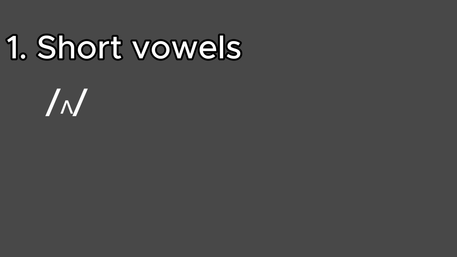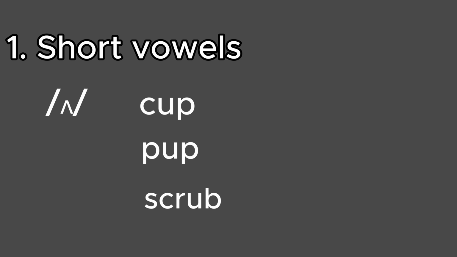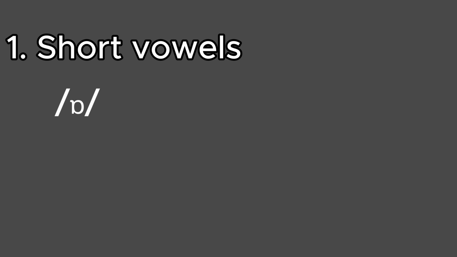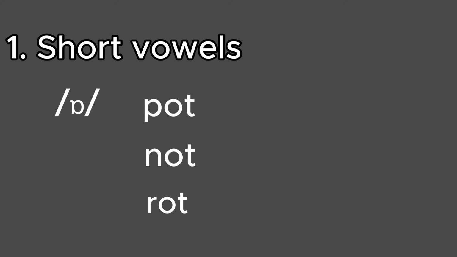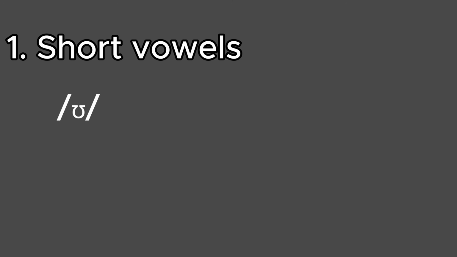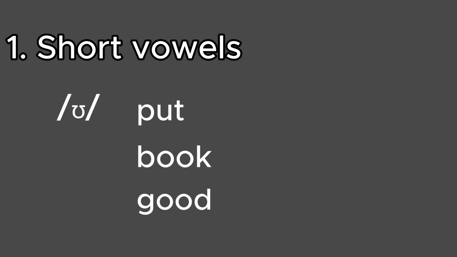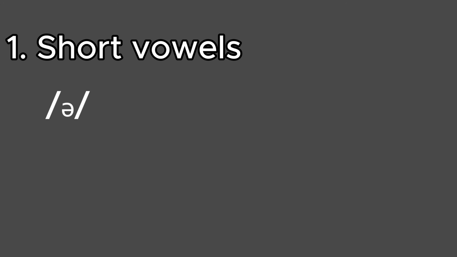And then we've got this sound as in cup, pup, and scrub. And then we've got this sound, which is a British sound, O, as in pot, not, rot, and so on. And then we've got this sound as in put, book, and so on. And then we've got the schwa sound, as in the word about. So that's it for short vowels.